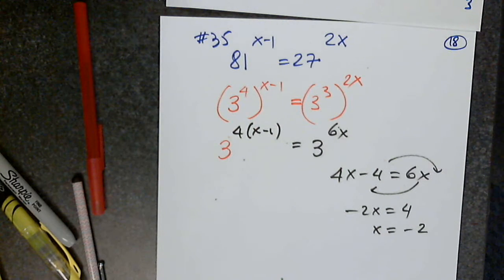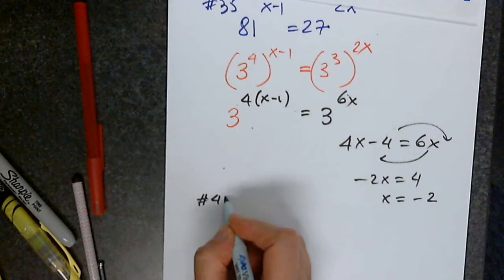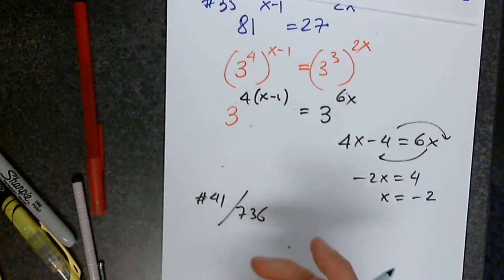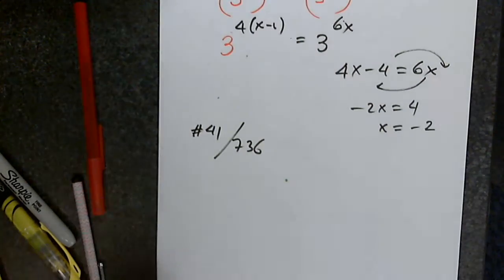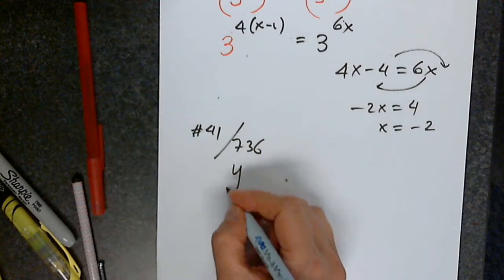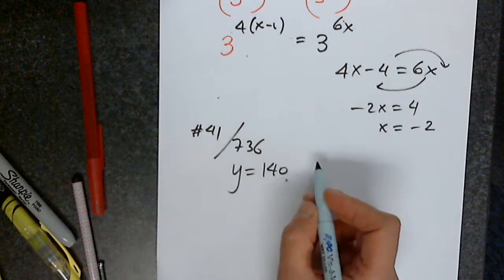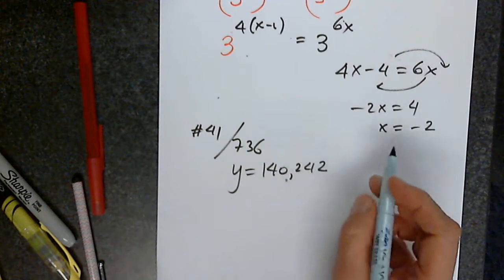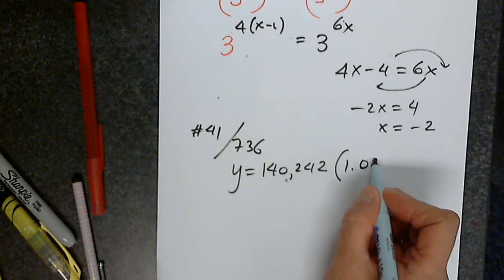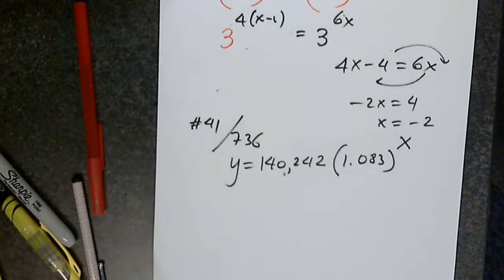Let's read one word problem and then we'll stop. Yes, 41 on page 736. 41. The equation y equals 140,242 multiplied by 1.083 raised to x models the number of American college students who studied abroad each year from 2000 through 2009.